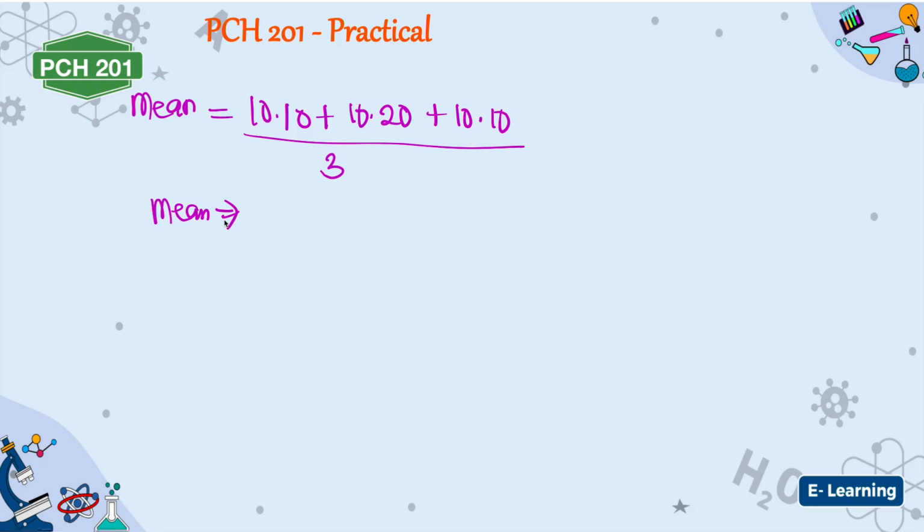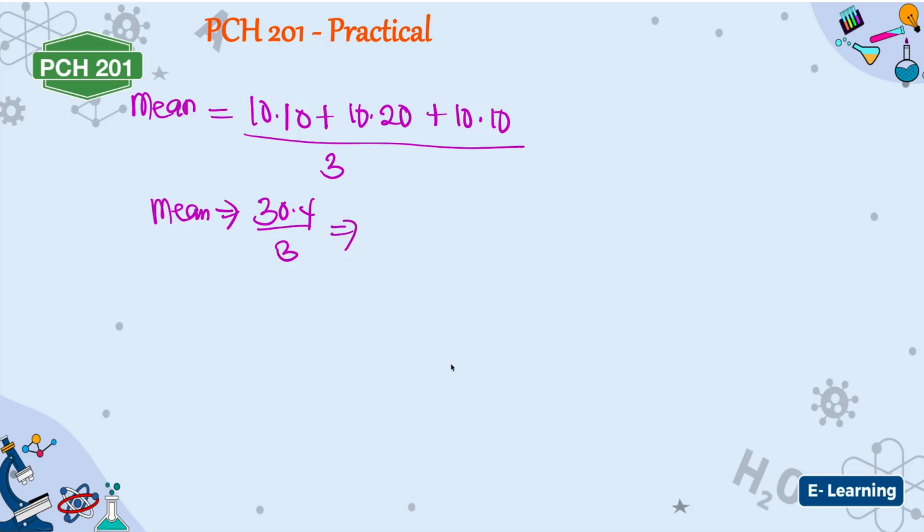The mean will be 10.10 plus 10.20 plus 10.10, which is 30.4, divided by 3.